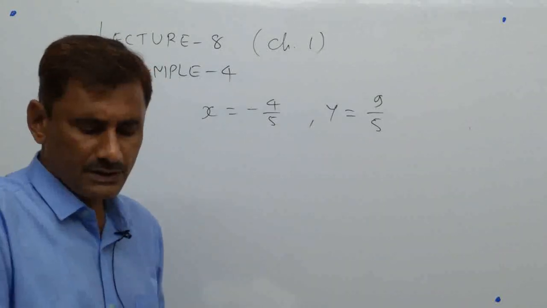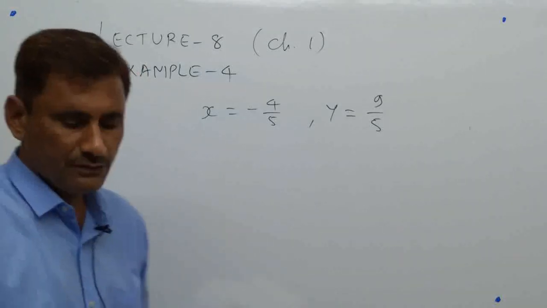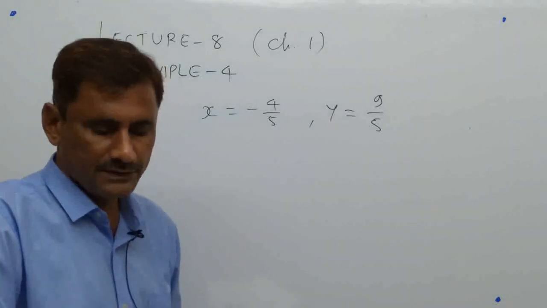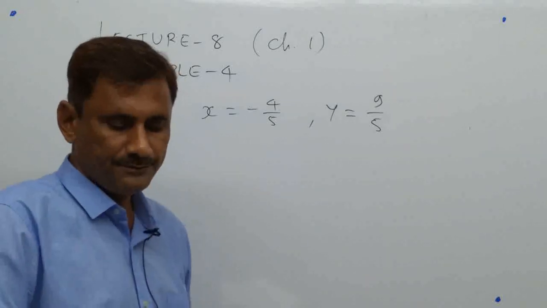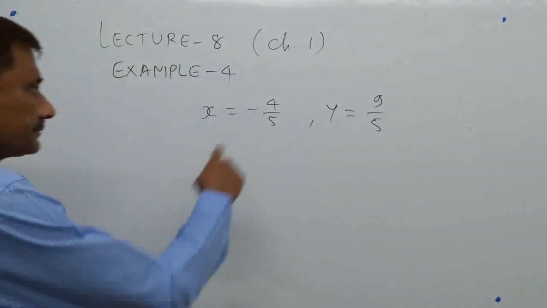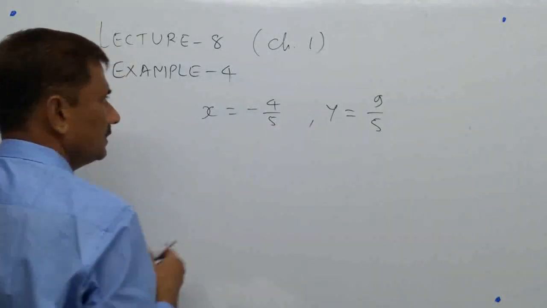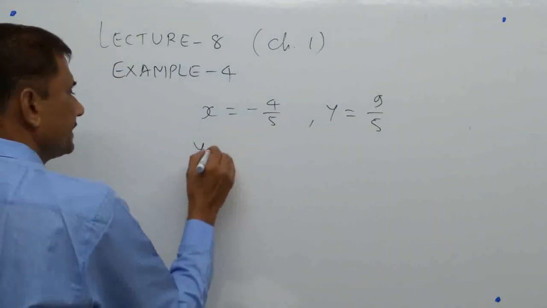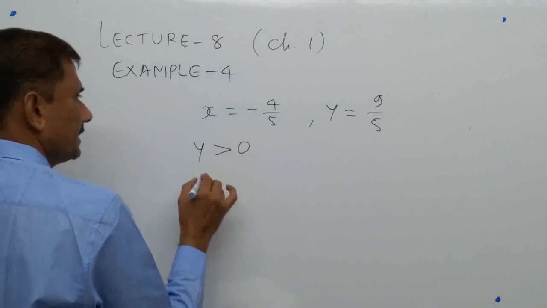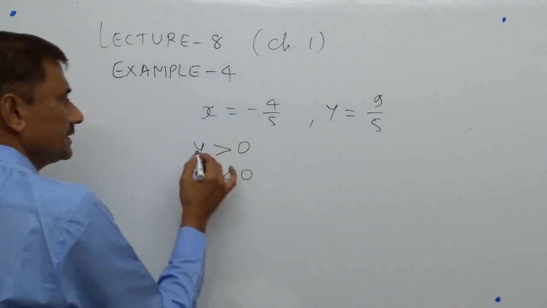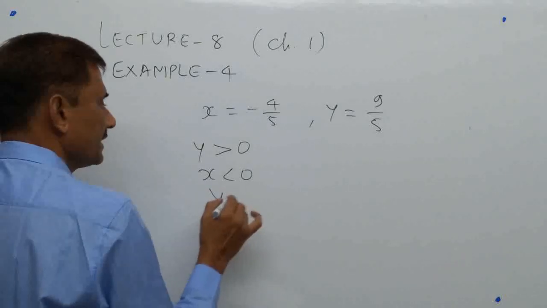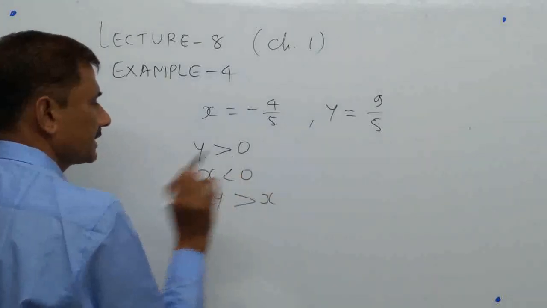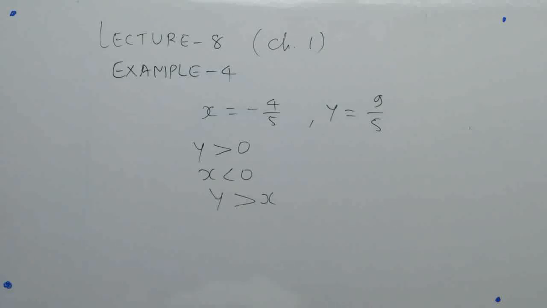Here you can either give the reason, otherwise directly you can say positive number is there and negative number. So obviously y is greater than 0, you can say, and x is less than 0, meaning this is positive, this is negative. So y is greater than x. Very simple.